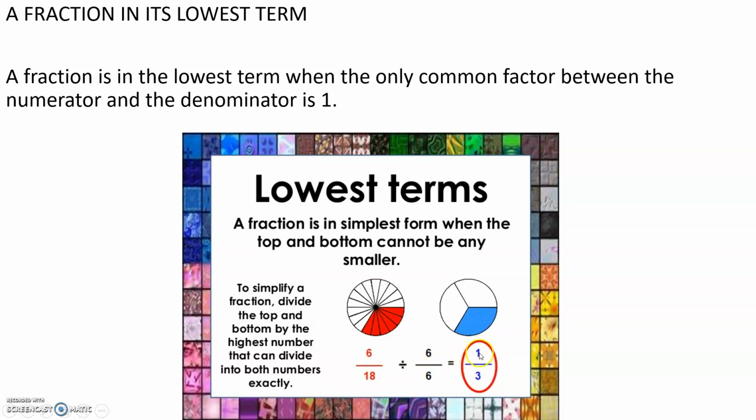So we got the answer as 1 upon 3. Now this 1 upon 3 doesn't come in any other table, but simply comes only in the one ka table. Such fractions which come only in the one ka table are known as fractions in the lowest term.